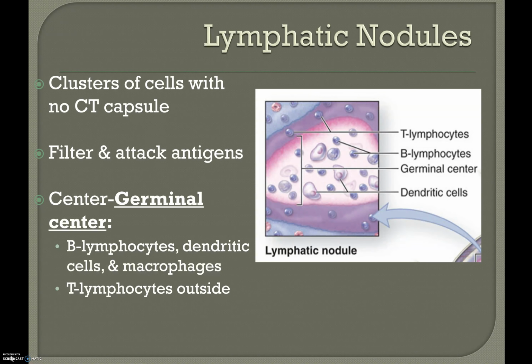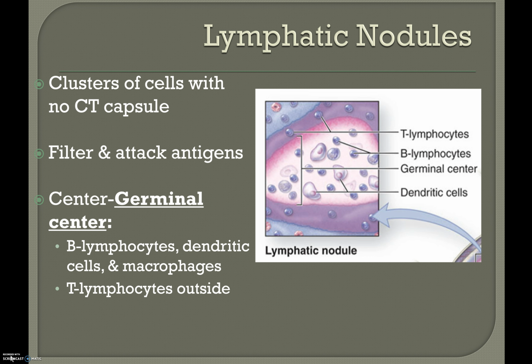Lymphatic nodules are clusters of cells with no connective tissue capsule, as I mentioned before. Now, these lymphatic nodules actually filter the lymph, and if they find some antigens, they attack those antigens and kill them.